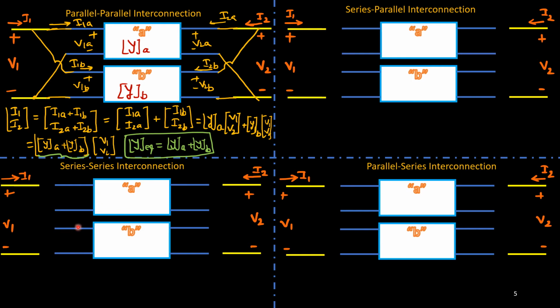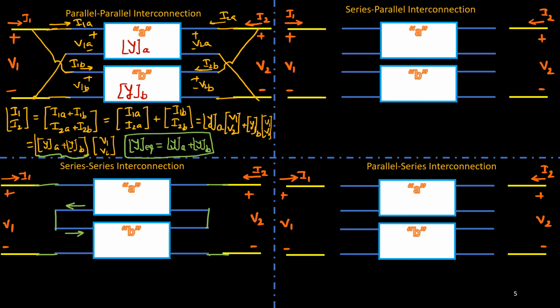Now second one, series combination. For series combination, what we'll do, we'll connect this one and this one and this. But there is one condition. The condition here is that this current and this current should be the same.